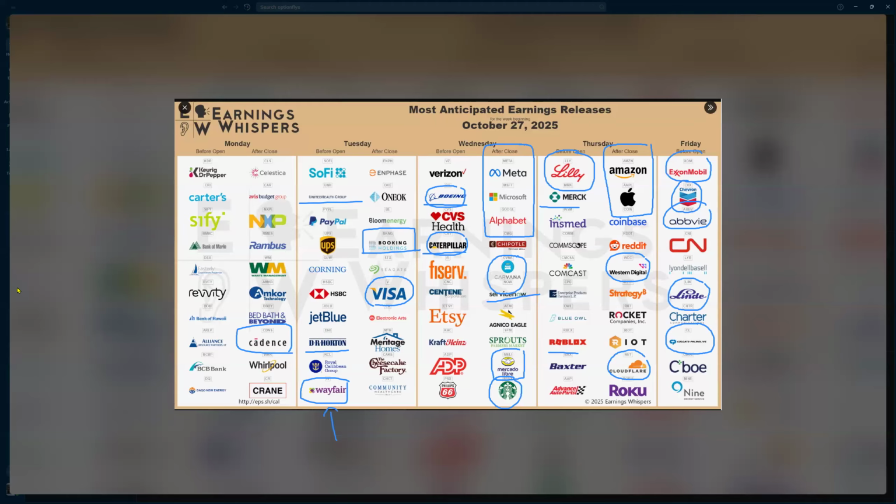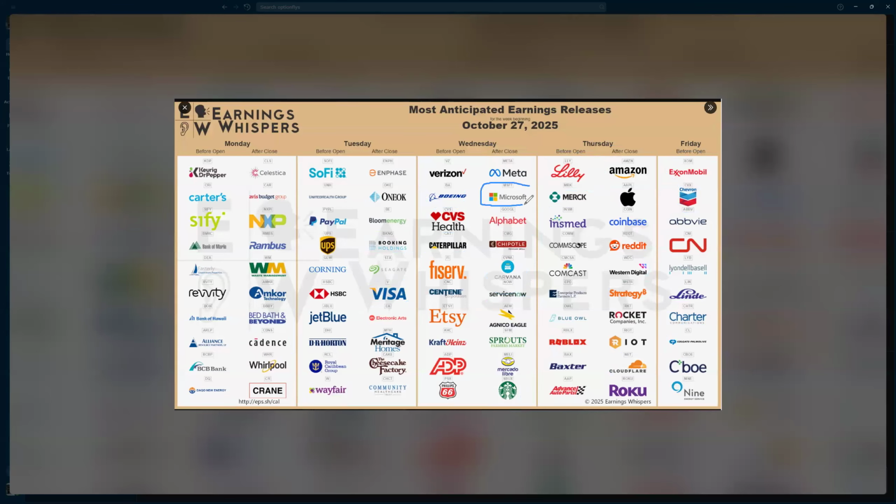The most important one is this, especially this sucker right there. This is gonna move every cloud stock, software company.